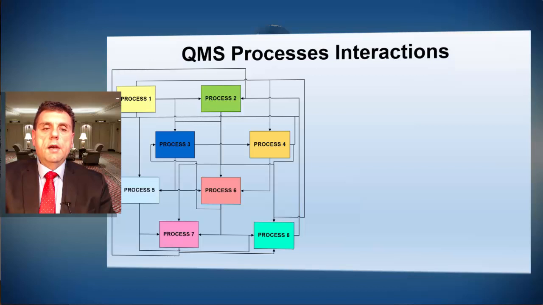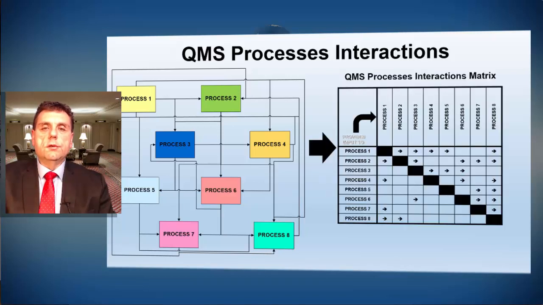If we have a complicated situation like in this slide here, where we can barely see which process is input or output to the other process, we can also utilize a quality management system process interaction matrix, where we could define the processes in our columns and rows, and define which process provides input to certain process, right? So it's easy to understand the mechanism of the interaction by using this matrix.